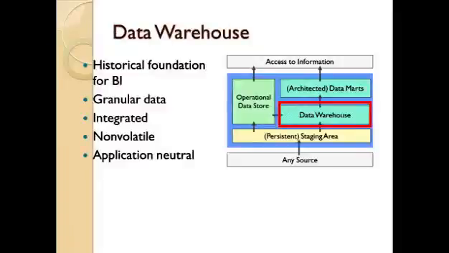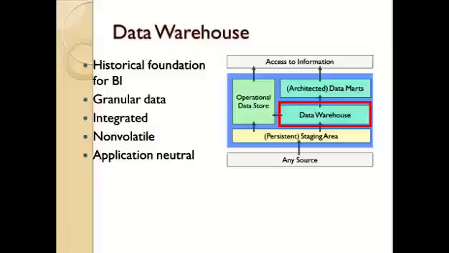The next component, data warehouse, as you can probably imagine, is the historical foundation for BI. That's the data warehouse that we talked about earlier, that has both granular data as well as integrated data. And data is non-volatile.